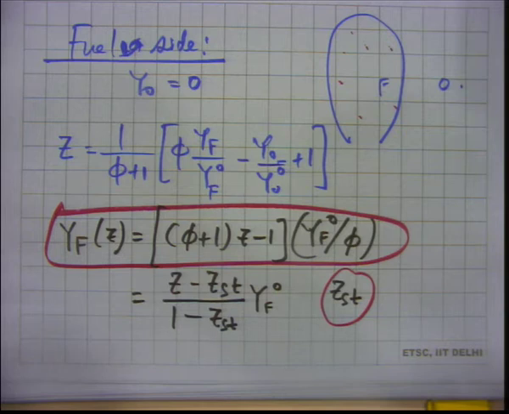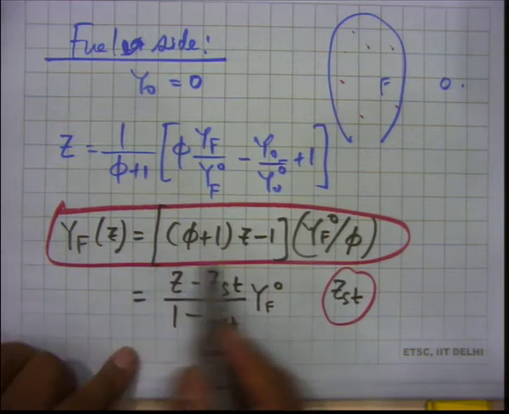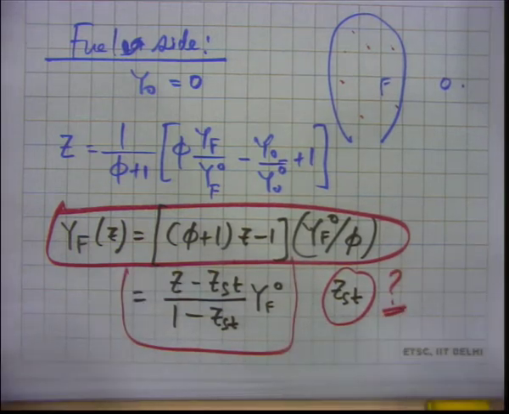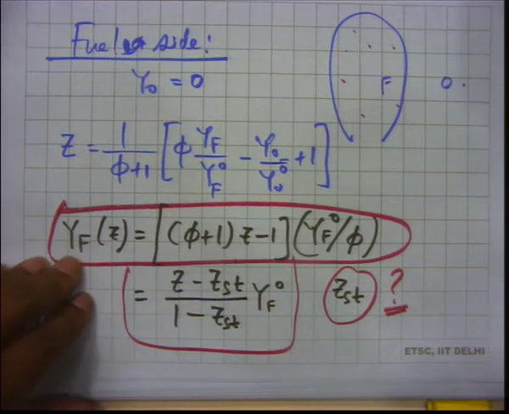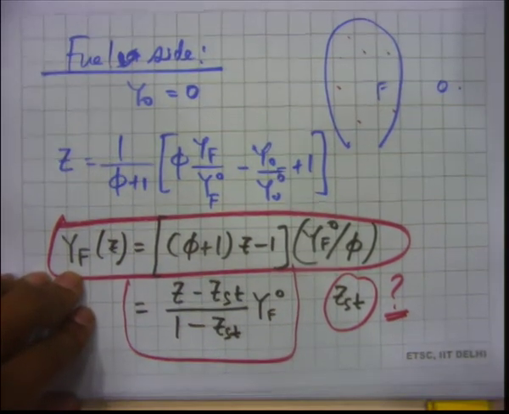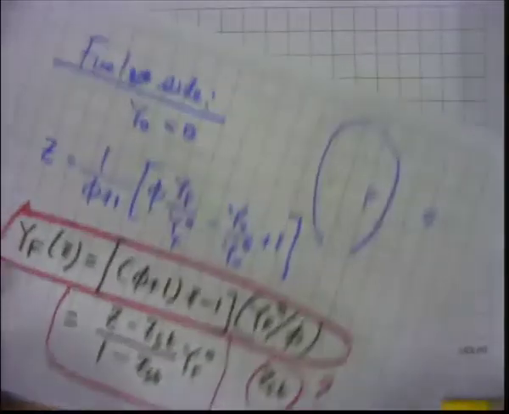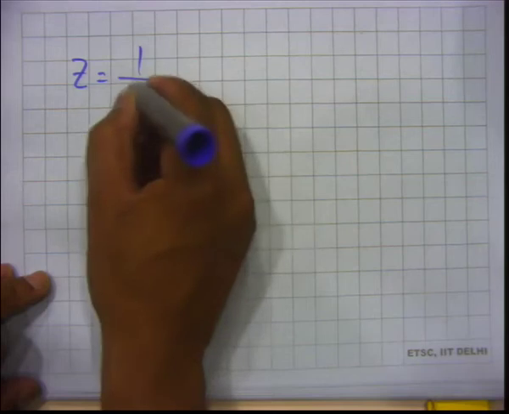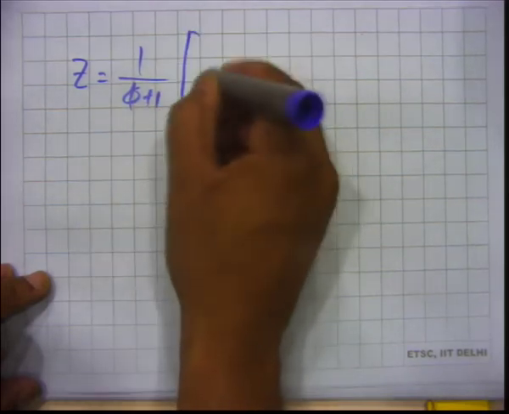So, this will give you this. Now, the next question is, what is ZST? ZST is the stoichiometric value of Z. So, I can ask you to suggest what you think is the stoichiometric value of ZST. Z is, of course, from last page.